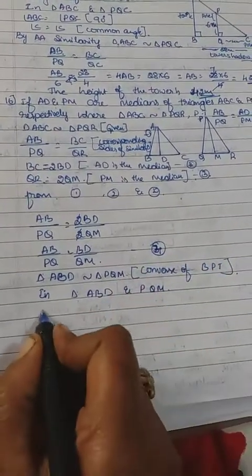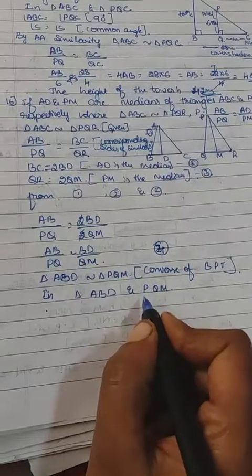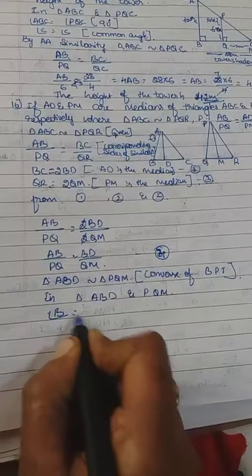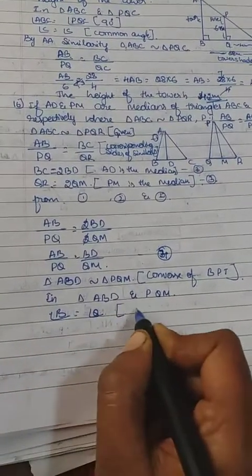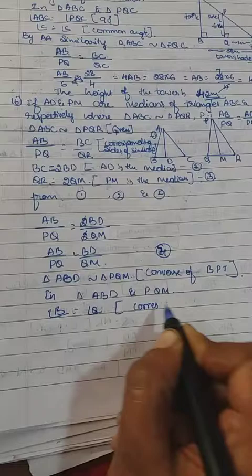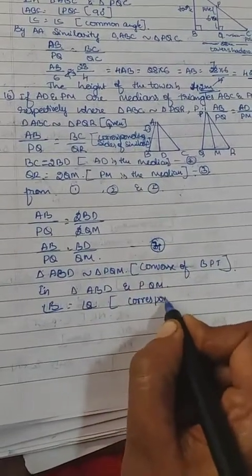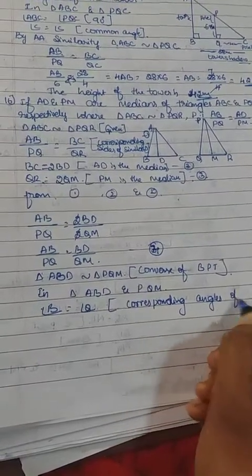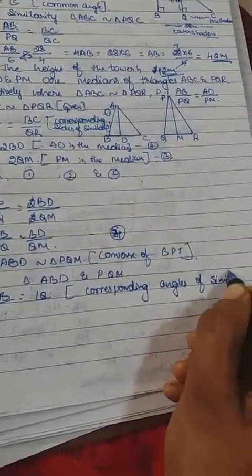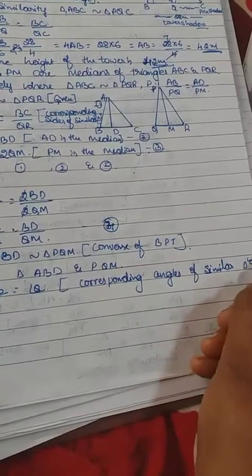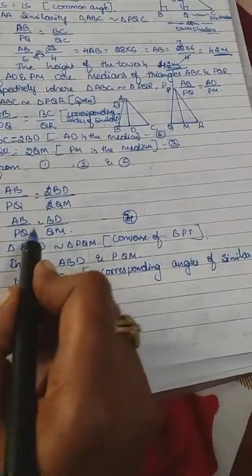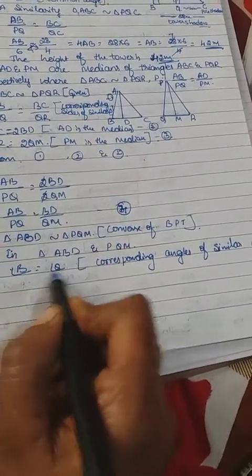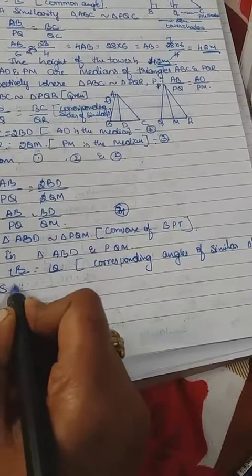Angle B in triangle ABD and angle Q in triangle PQM. We can take angle B equal to angle Q. Why? Because they are corresponding angles of similar triangles. So see here, two sides AB over PQ equals BD over QM, and angle B equal to angle Q. Which criteria can we take?